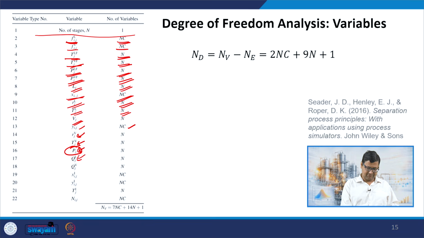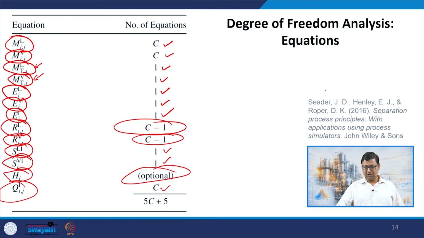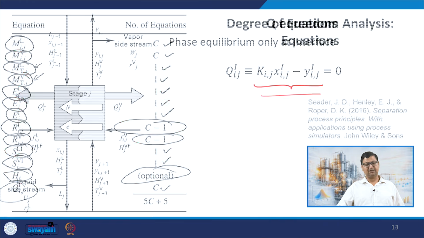Then we have the phase equilibrium equations for the liquid phase and the vapor phase. So, the liquid phase is equated to the interface, and same thing is true for the vapor phase. Let us go back and see. So, this can be written again for the liquid and the vapor.